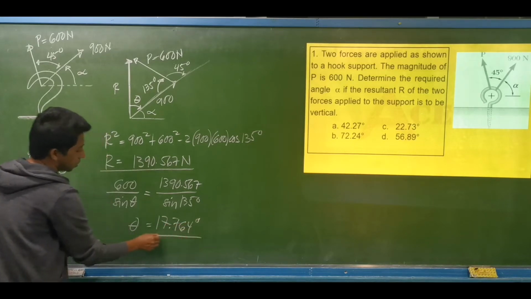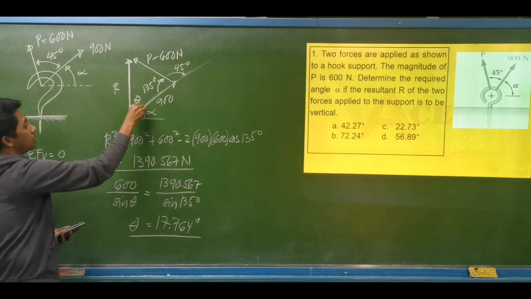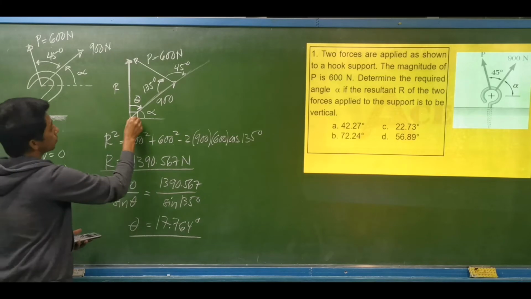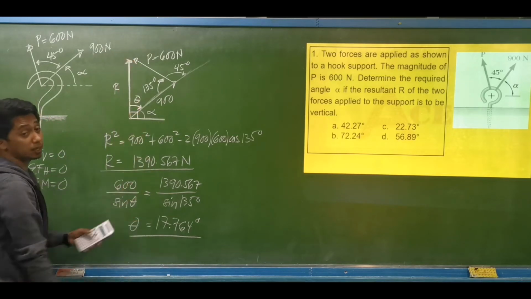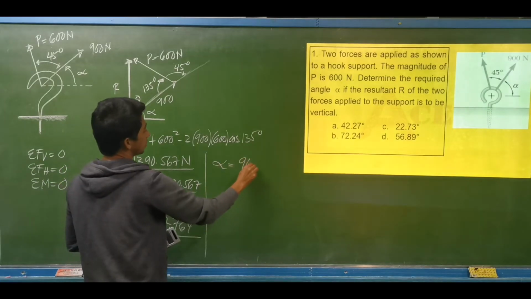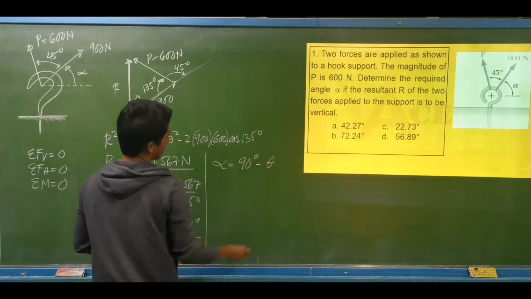So we have that as 17.64 degrees. Okay, now since we have now theta, how to compute for alpha? So this is 90 degrees with respect to horizontal and vertical. So obviously, we can compute for alpha as 90 degrees minus the value of theta.